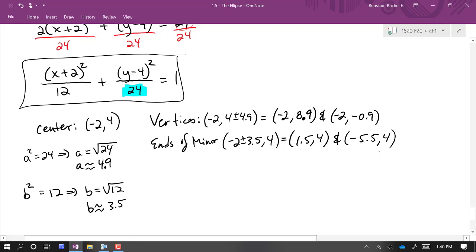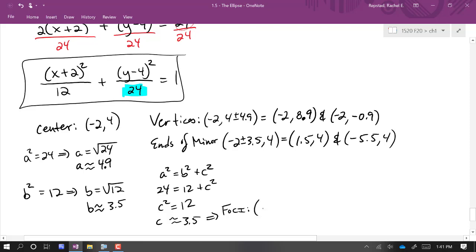And then we were asked to find the foci, so we need the value of c. So a squared is equal to b squared plus c squared, which means that we get 24 is equal to 12 plus c squared. That means that c squared is equal to 12 as well. So c is approximately 3.5. And the foci are, again, going to be on the major axis.